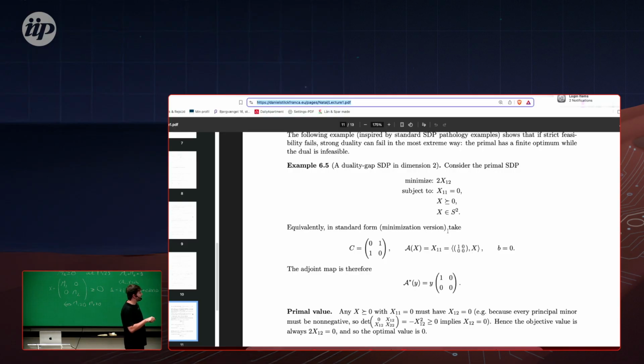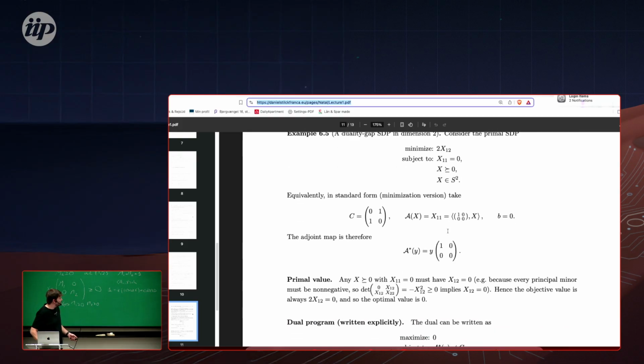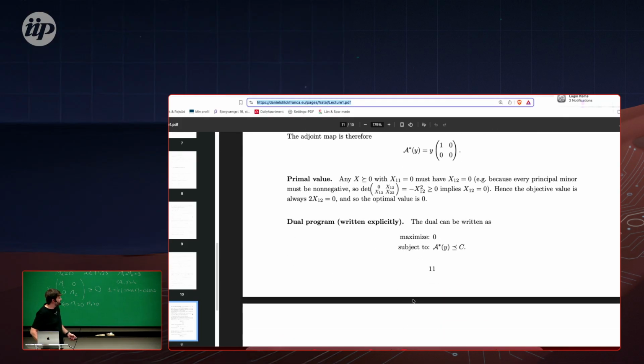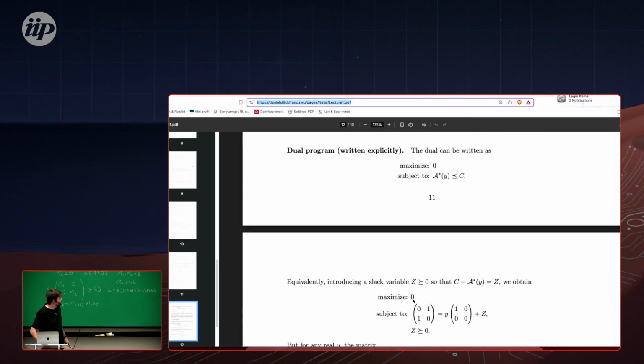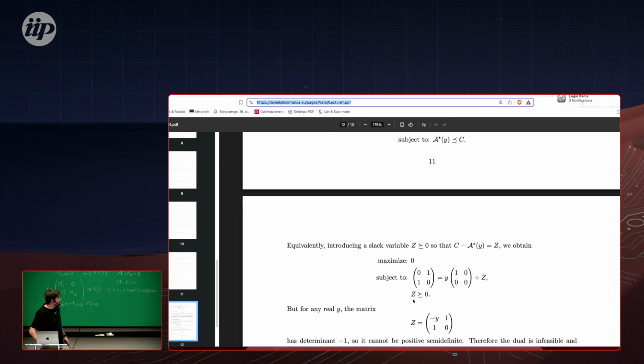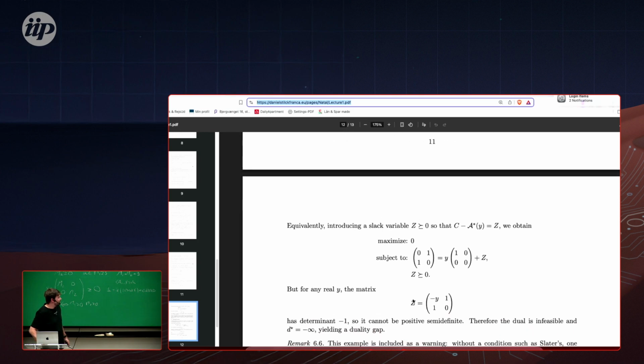So if x11 is equal to 0, then to keep the matrix positive semi-definite, the upper right corner has to be 0 as well. So the value of this problem is 0, because the only feasible point is the 0 matrix. If you follow the recipe of how to build the dual, you get that the dual is infeasible.